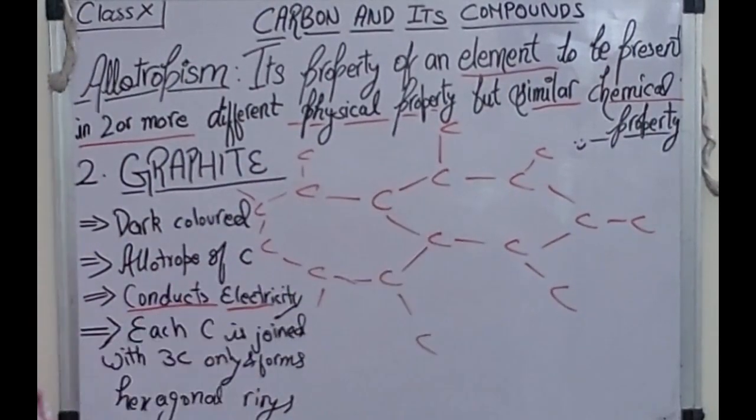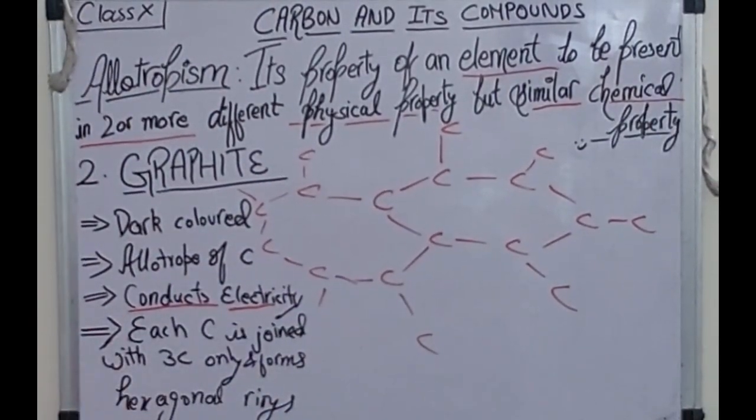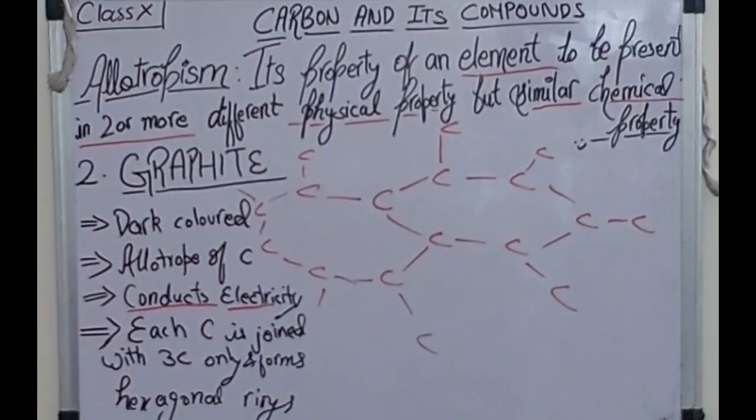So each carbon is left behind with 1 electron. One electron that is not shared, I can call that one electron a free electron.